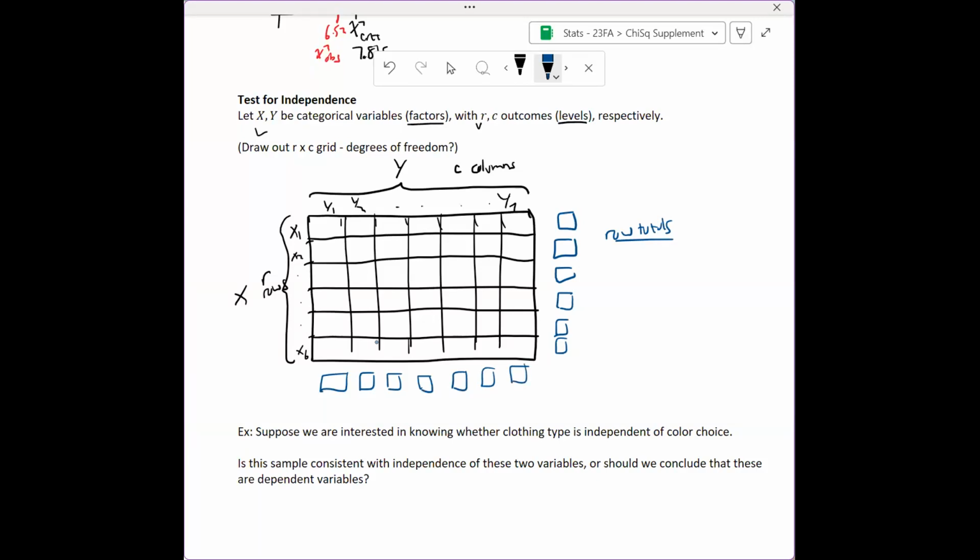So there would be a certain number of people who had blue pants, regardless of what shirt color they were wearing. So these would be column totals. And then in the corner over here, we'd have a grand total. If we added up all the columns, we get a number, or if we added up all the rows, we'd get the same number. This is the grand total, or the sample size.